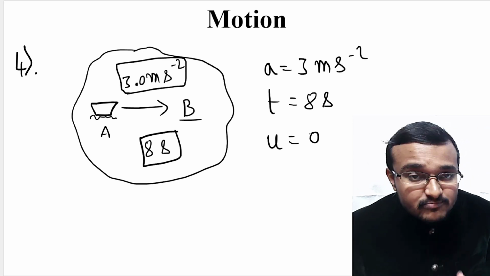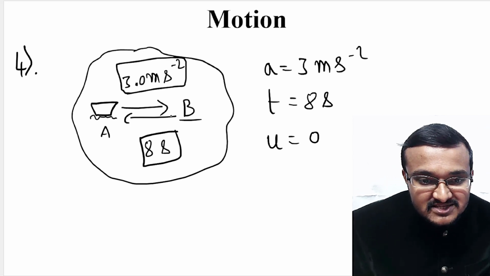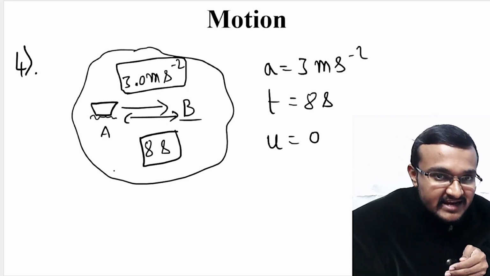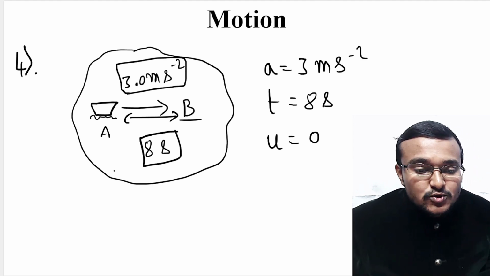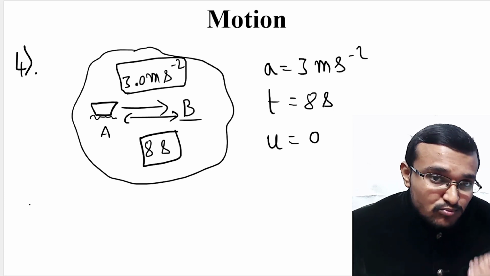Based upon this data, you have to calculate how much distance this boat has traveled, from its initial position to its final position after 8 seconds. To calculate that, you can use the equations of motion.